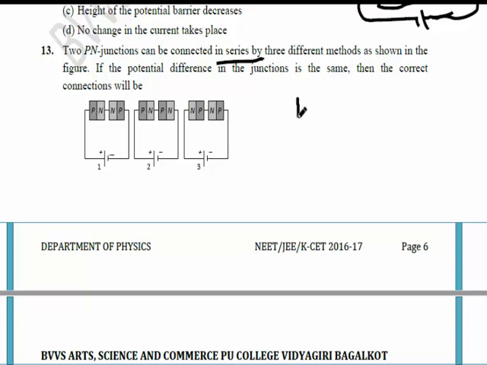For series connection, we should have PN and PN, or NP and NP. This is the series combination picture, which is correct. So 2 is correct, PN and PN, and NP and NP. So 2 and 3 are the correct ones.